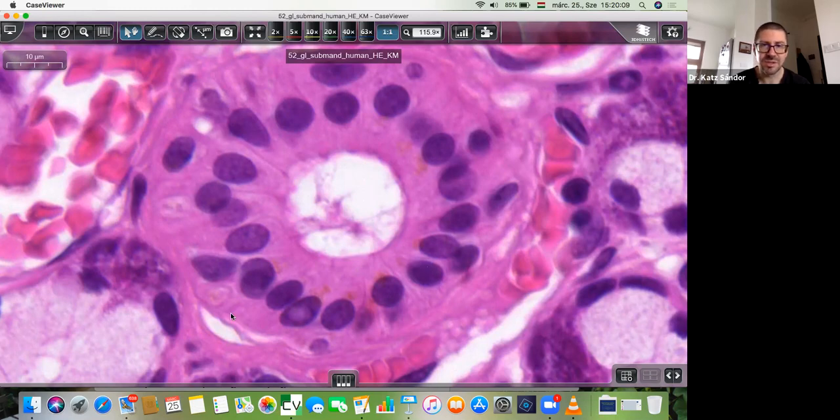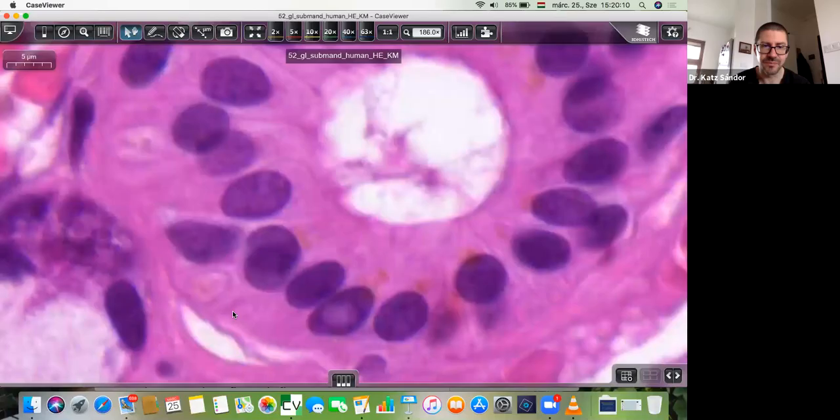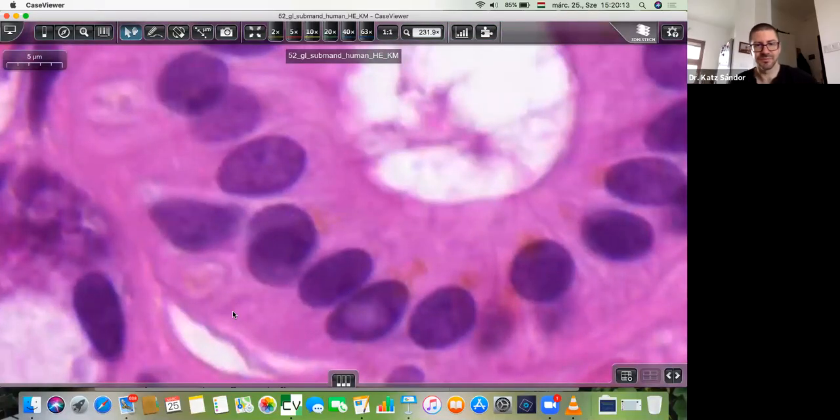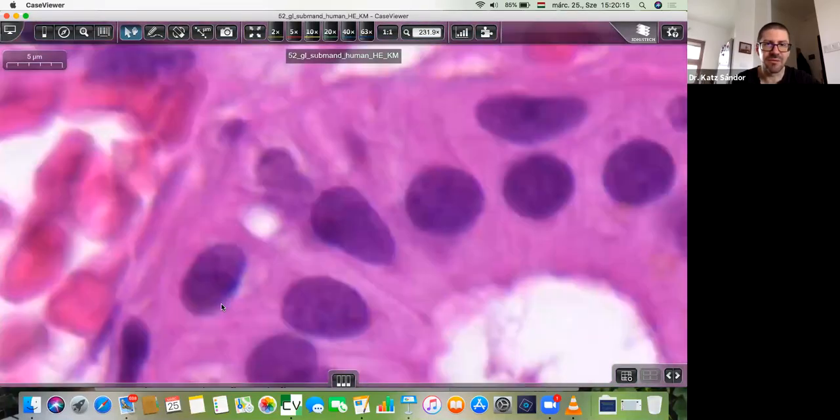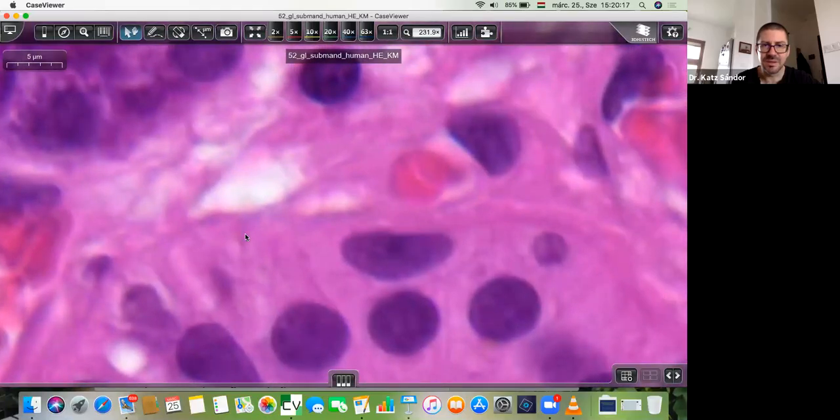And when we zoom in at the bottom of the cells, somewhere we can find some striation here. That's the reason why we call them striated ducts. So at the basal portion of these cells, we can find the wavy line basement membrane having pockets.